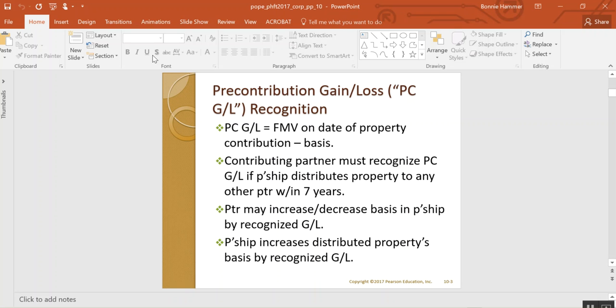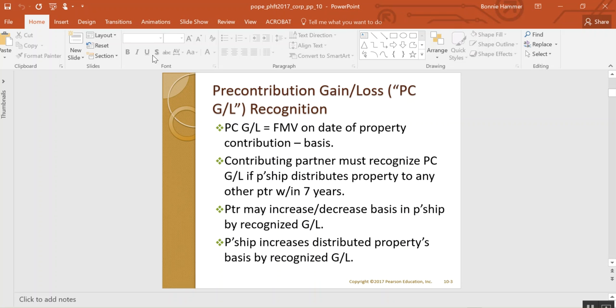Now, if the PC partner, the original contributing partner, has to recognize the PC gain or loss under this rule, then he has to increase or decrease his basis by the recognized gain or loss.